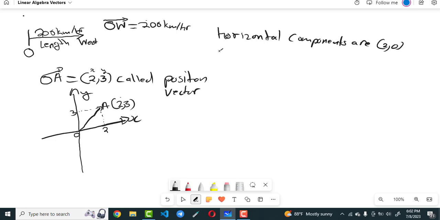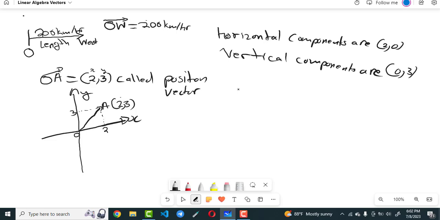And also the vertical components are 0, 3, where 3 is the y-axis. So we are saying we have vertical components and horizontal components, and this is all part of the position vector. And as you can see here, this is a two-dimensional vector.